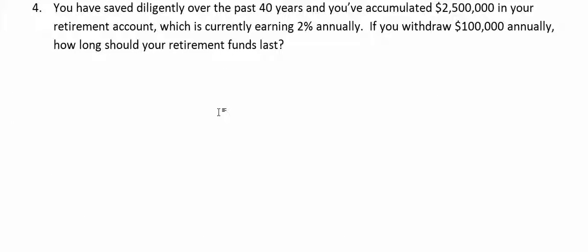So now, let's say we've saved diligently over the past 40 years and we've managed to accumulate $2.5 million in our retirement account. What a lot of people do as they near retirement and enter retirement is take their money that they've got invested in risky assets, and some of them will move it to very low risk assets.